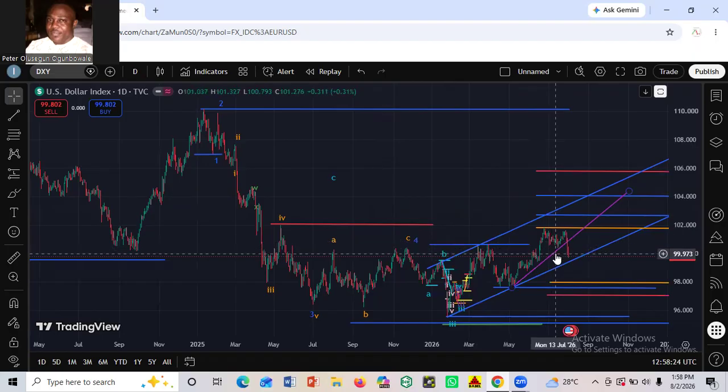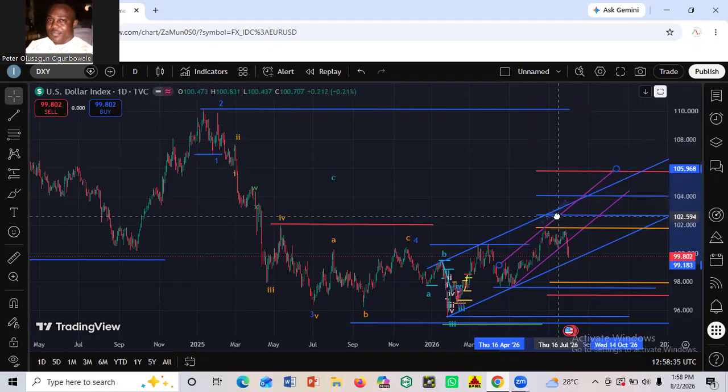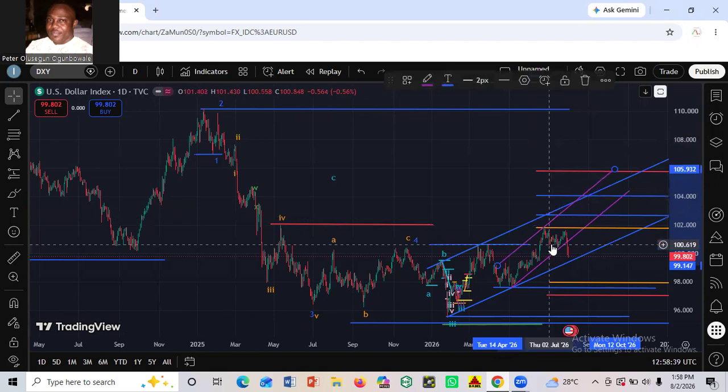Now channel 3 also had been broken. So you can see the way we draw those channels with the purple trend support and trend resistance. So we can imagine having these channels for this first part, the second part, and this part.